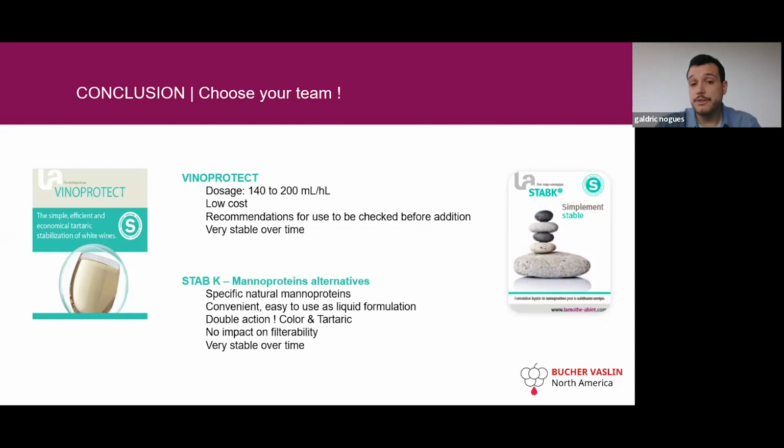The cost for the Vinoprotect is very small, but some recommendations need to be respected before the addition: protect the stability of the wine, make sure the wine is clean, with a small treatment with bentonite before. But once you add the Vinoprotect, you work with a very stable solution over time because it doesn't go through hydrolysis and stays very stable in your wine.